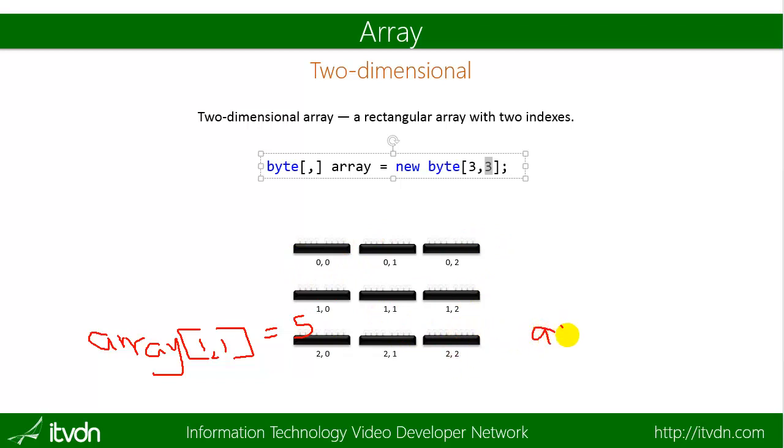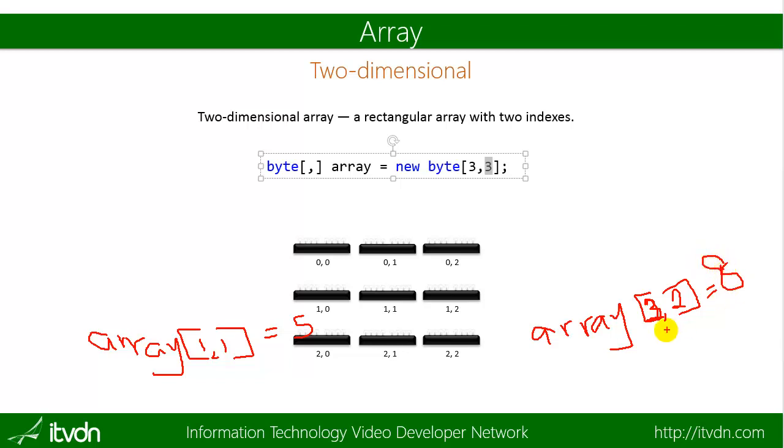So you write array, you open and close your square brackets, you write 2 2 is equal to 8.